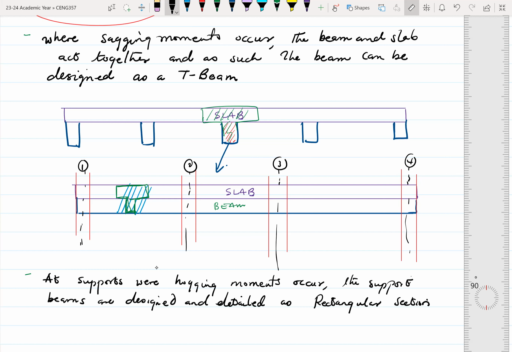It means that if you are designing the beam around grid line 2, the beam will be designed as rectangular. It's still the same spot, but now we are closer to the support. So it wouldn't be a T-beam anymore, but a rectangular beam. So take note of the differences, the hogging and the sagging.